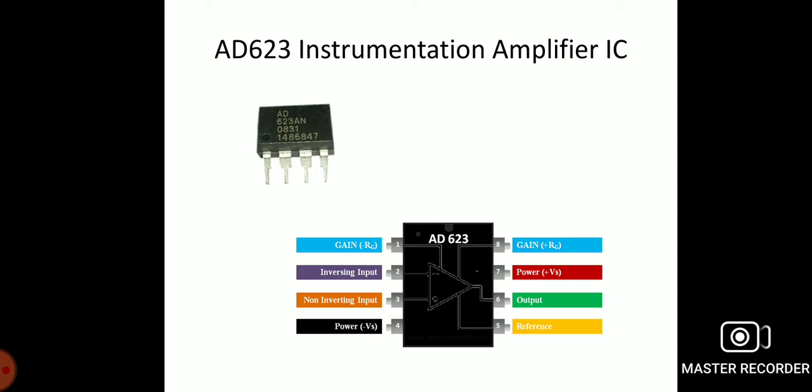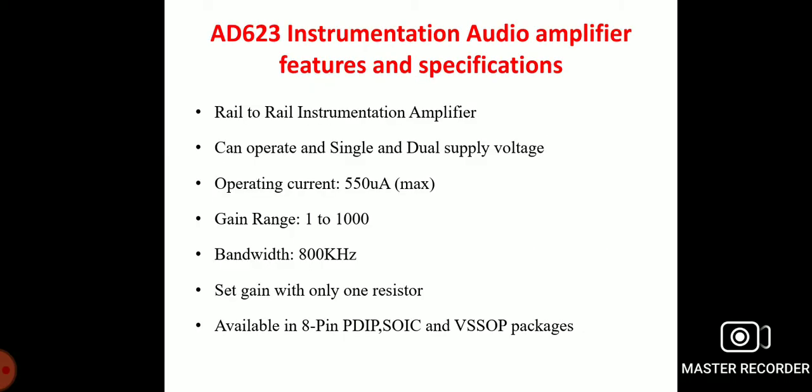Now what are the features of AD623? Here are the AD623 instrumentation amplifier features and specifications. The first feature is a rail-to-rail instrumentation amplifier. It can operate on single and dual power supply.